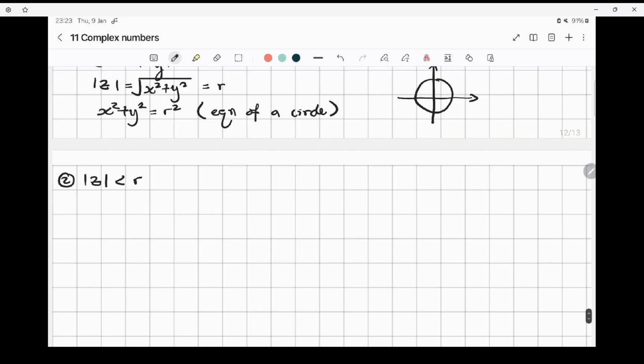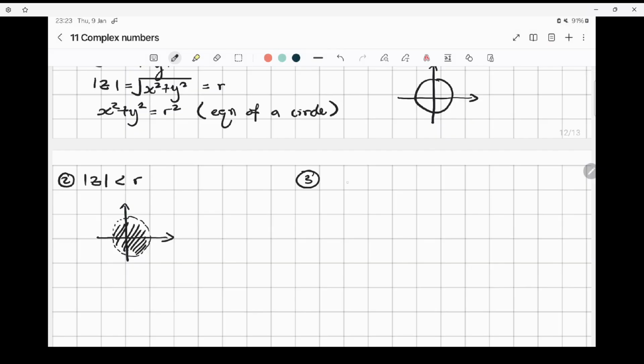If you see the modulus of z smaller than r, basically you already know that this represents a circle center at 0, 0 with the radius r, but because there is no equality over here, you cannot include the boundary of the circle, which is the circumference, and you need to shade the circle inside because this is smaller than r.